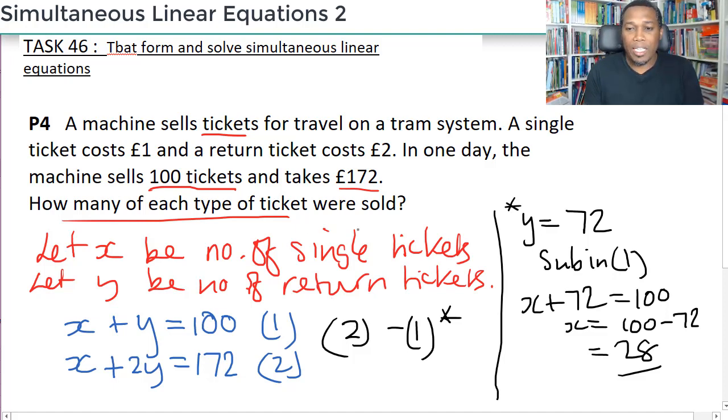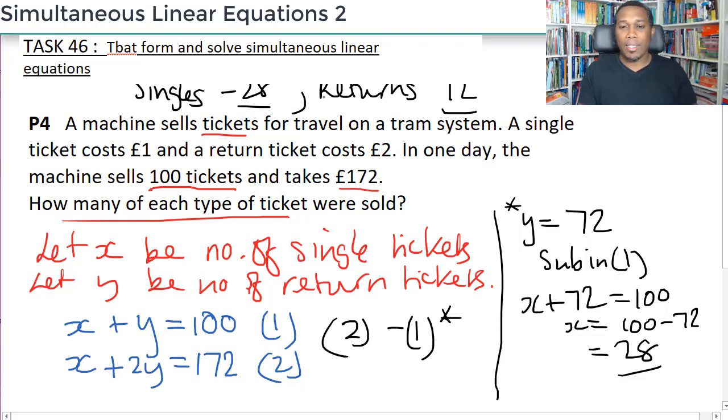And in terms of how many of each ticket type, in an exam they would probably ask for singles and returns, but we'll write it. Singles, 28. And then the returns, we sold 72. Those are the answers that you have there.